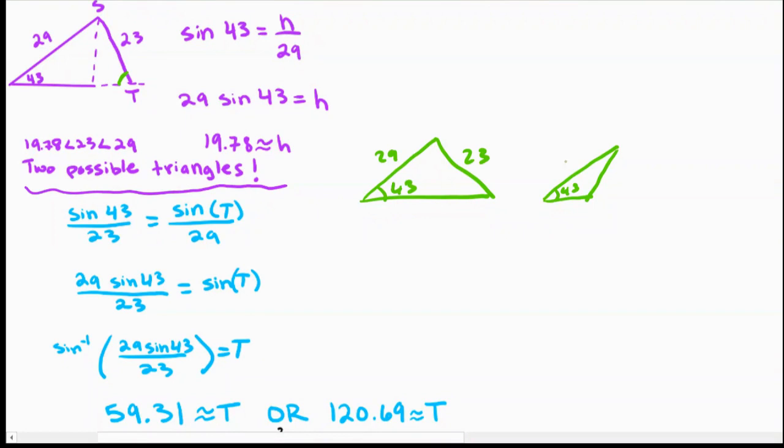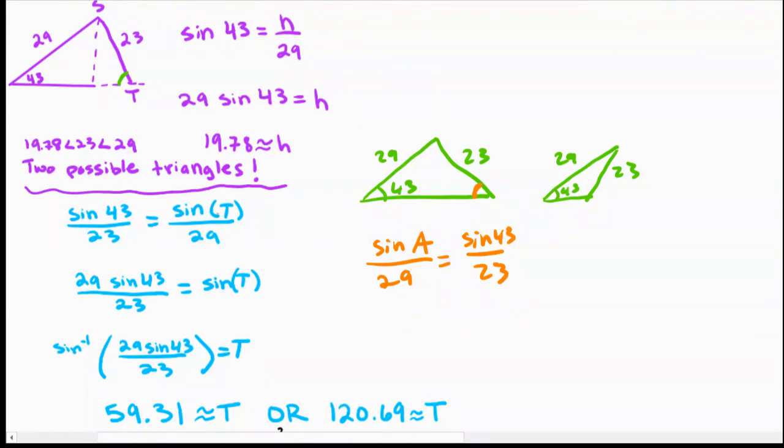Same for this one, 29 and 23. I'm going to first start out by finding this angle here, using the law of sines. So I'm going to say sine of the angle I'm looking for over its side length equals sine of 43 over 23.